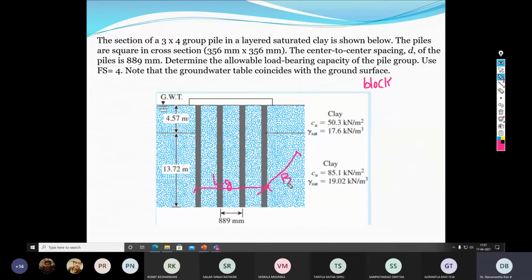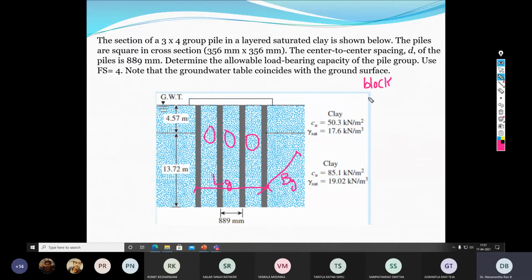As I have re-emphasized, in block behavior, the piles and the soil in between the piles act as a monolithic block. It is like a rectangle having a geometry of LG by BG sinking in the ground. That is the meaning of block.